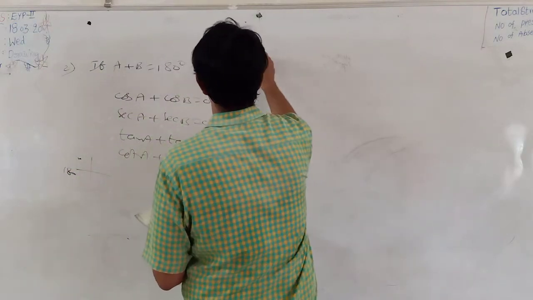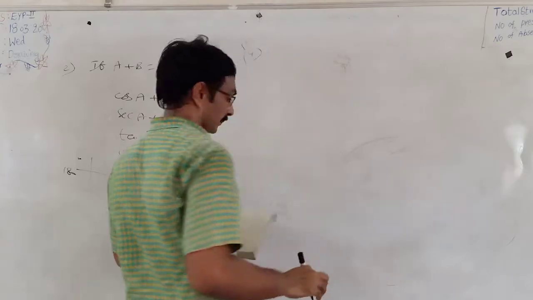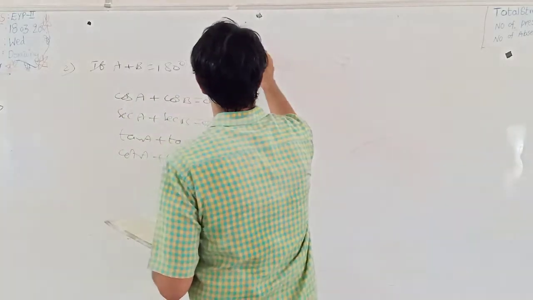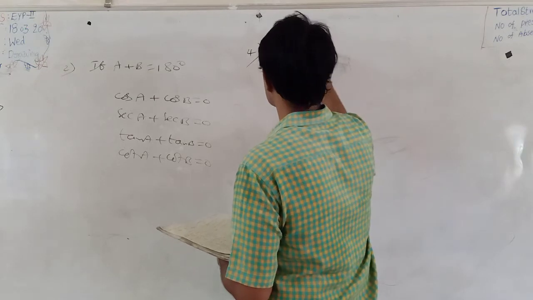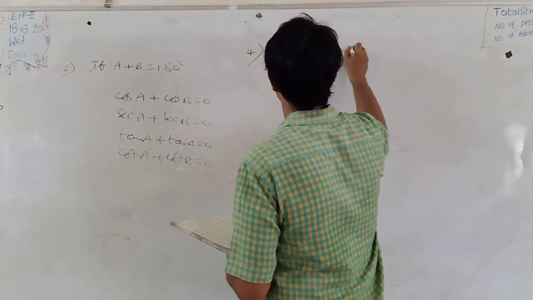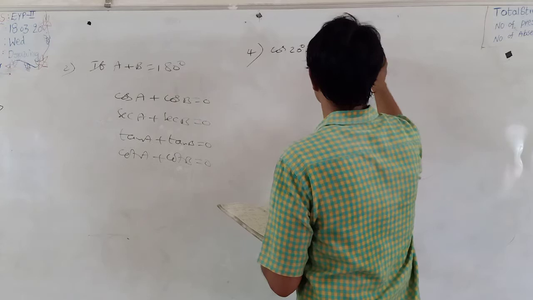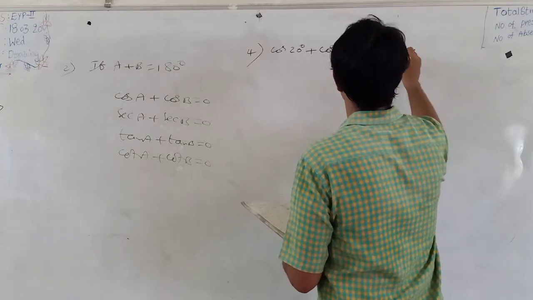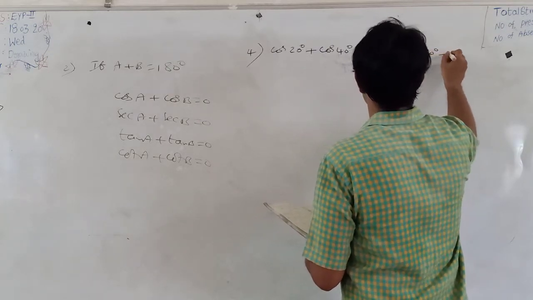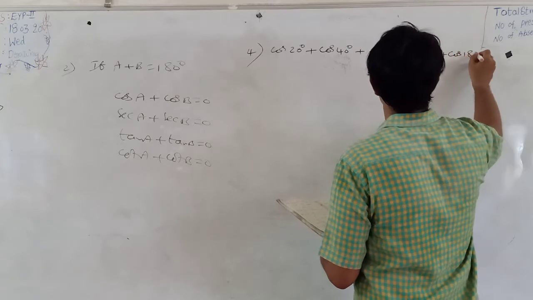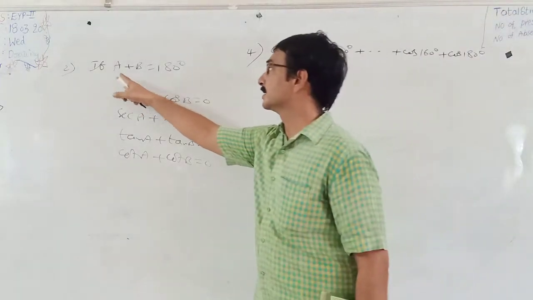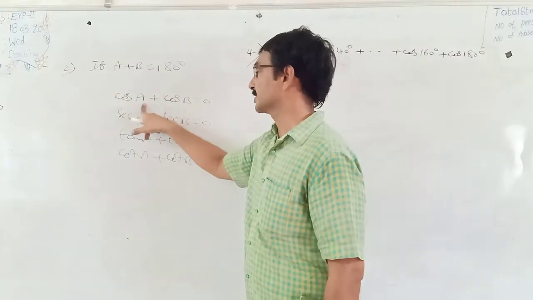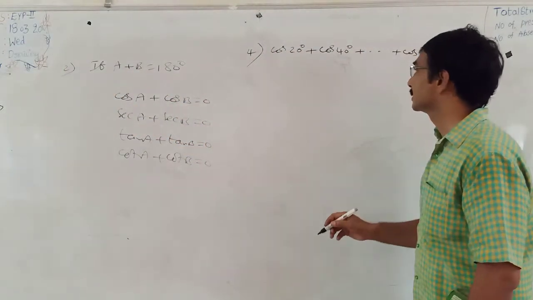See example 4, the fourth example: cos 20 degrees plus cos 40 degrees plus, and so on, cos 160 degrees plus cos 180 degrees. So if the sum of two angles is 180 degrees, cos of the first angle plus cos of the second angle is 0.